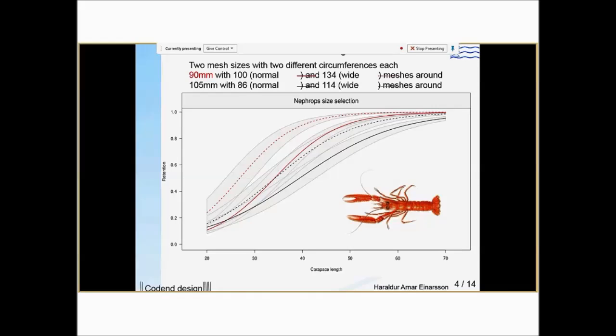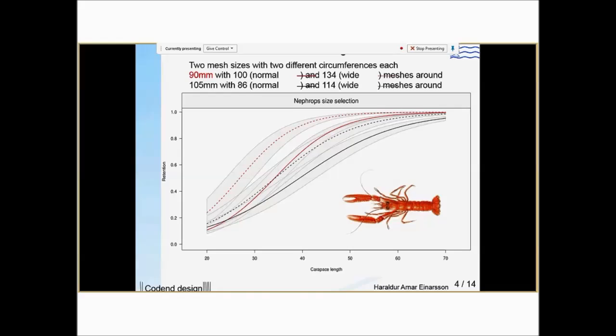Summer 2012, we were on a short survey with a nephrops trawl. We were looking at 4 codends. That was 2 mesh sizes with 2 different circumferences each. We had here a 90 millimeter with 100 meshes around.